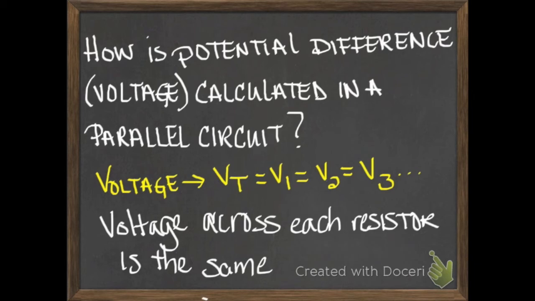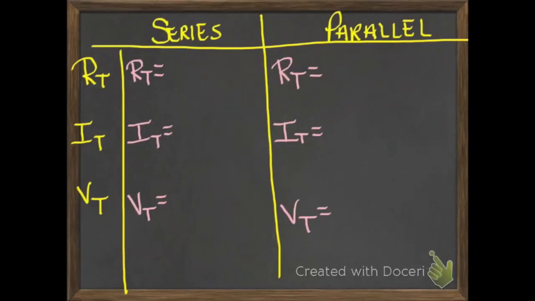So what I think would be the best thing to do next is to really quickly compare the two. Let's look at series and let's look at parallel, and let's look at what our differences are. It might help us clarify things a little bit. So in a series, if we look at the resistance, RT is equal to R1 plus R2 plus R3.